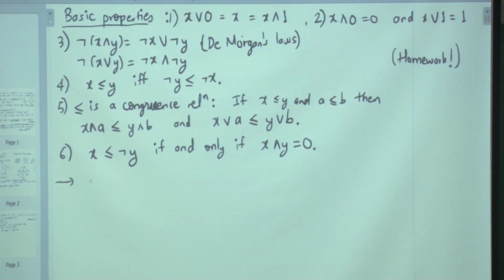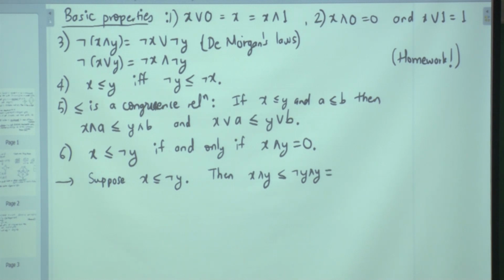So suppose x is less equal negation y, then I can use property number 5 for the identity y less equal y. Then what will I get? x meet y is less equal negation y meet y.